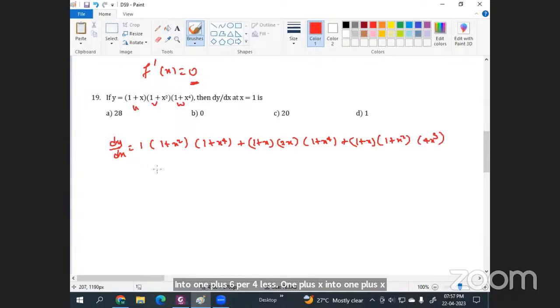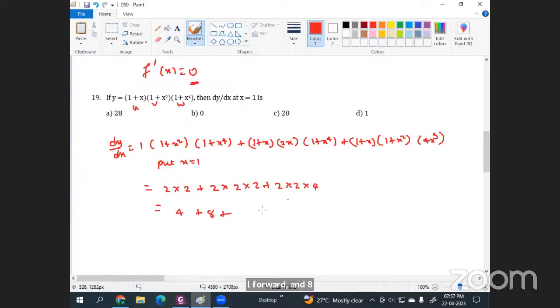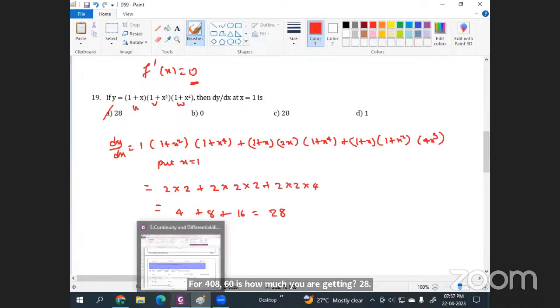You can take log on both sides or you can do directly also. Put x equal to 1. That is 2, 2, 2, 2, 4, so that equals 4 and 8, 4 into 8, 16. How much are you getting? 28. So A is the right option. No? A is the right option.